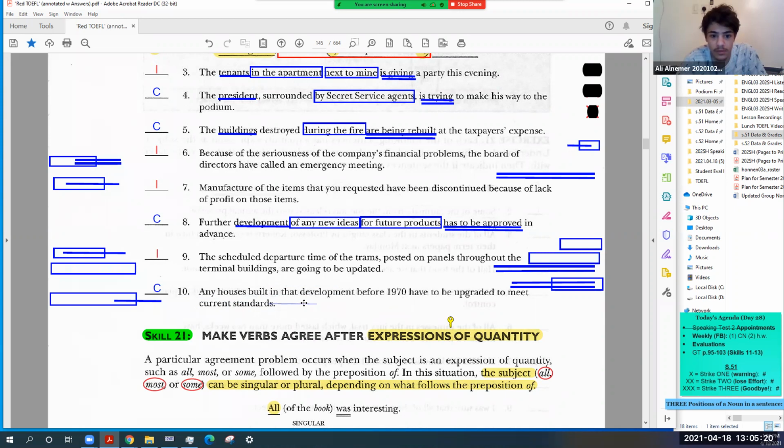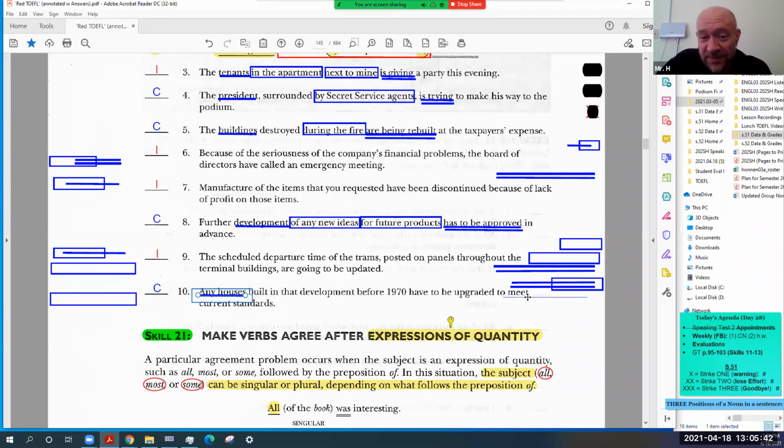Development. No, that's not the subject. The houses. Houses, okay. Yeah. Can you find a verb now? Built or meet. There are two verbs. Built? Meet. Actually, no.